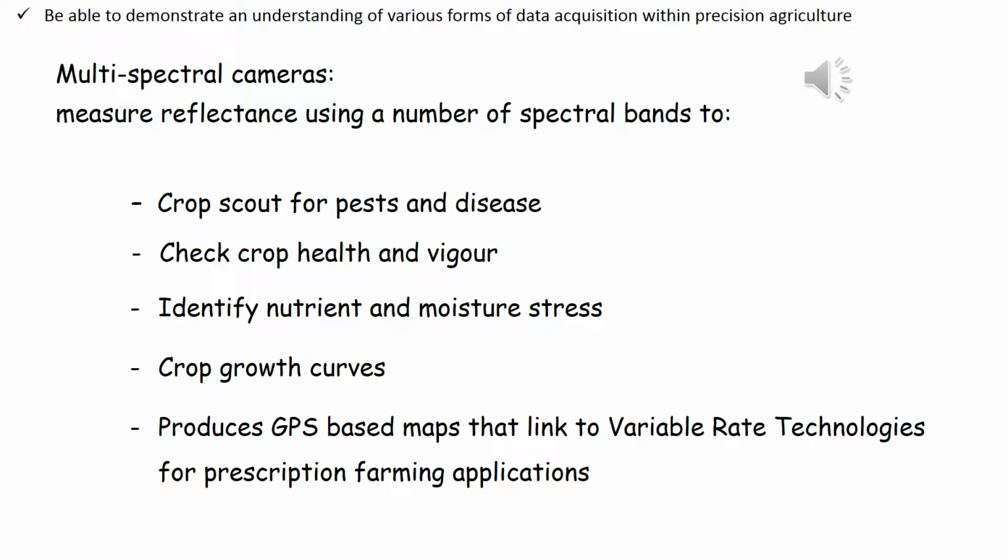By using multispectral cameras over a period of time, this allows us to develop crop growth curves, and it also allows us to produce the GPS-based maps so that we can link our variable rate technologies to address areas that are underperforming or that need specific herbicide, pesticide management to combat any problems that are forthcoming.